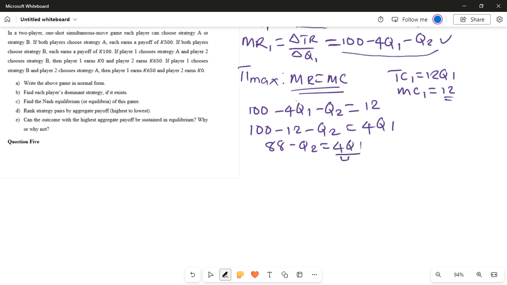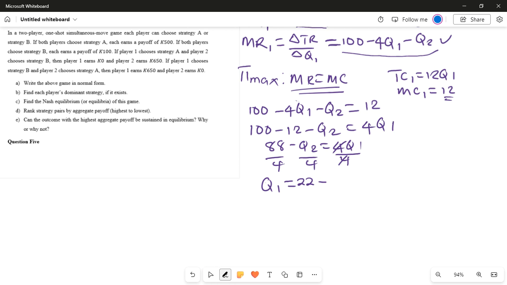Then we divide throughout by 4. We're going to have q1 equal to, so we just do the normal division. 88 divided by 4 is obviously going to give us 22, then minus a quarter of q2.